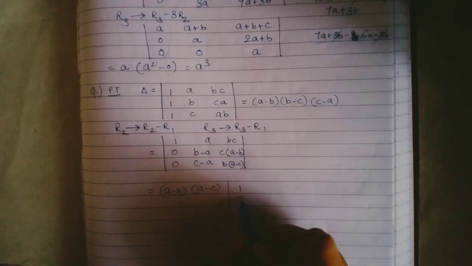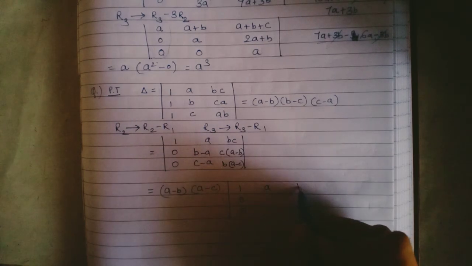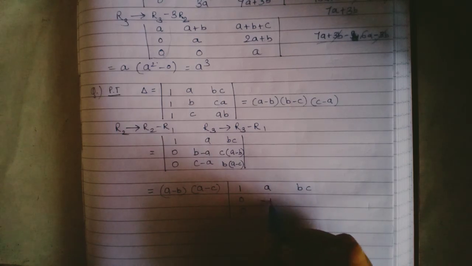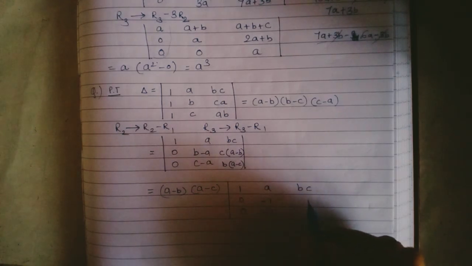So you will get 1, 0, 0, A, B, C. This will be minus 1, this is also minus 1.